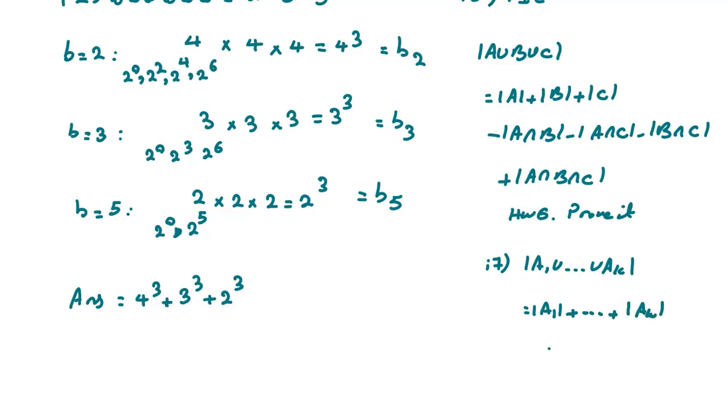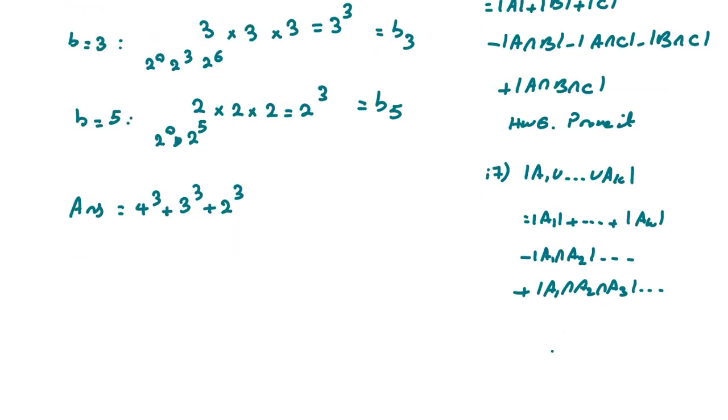It is the sum of A1 to AK, then minus A1 intersect A2 over all pairs, plus A1 intersect A2 intersect A3, and the last one is A1 intersect to AK. And the sign is what? Minus 1 to the K plus 1. As homework 7, try to prove this.